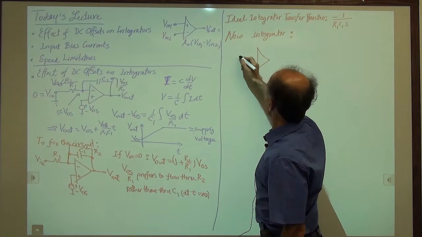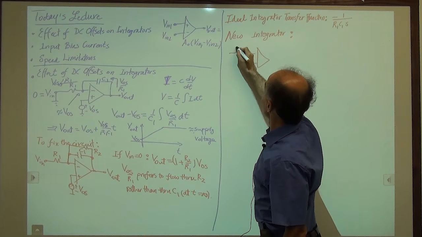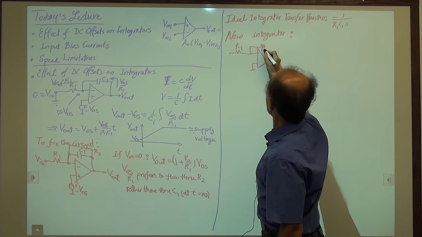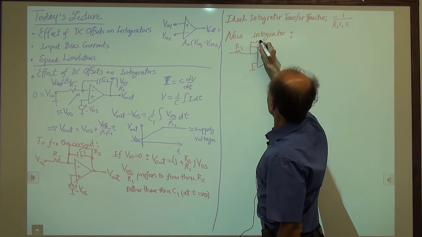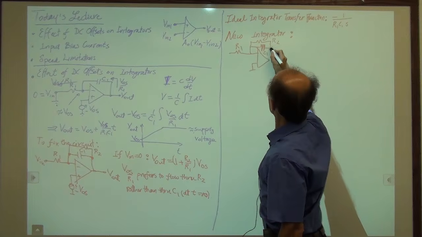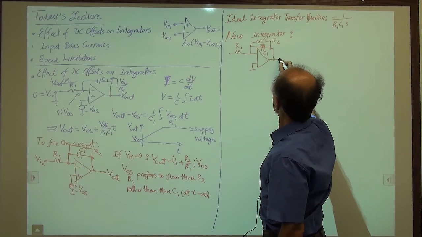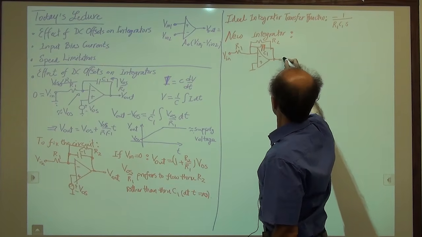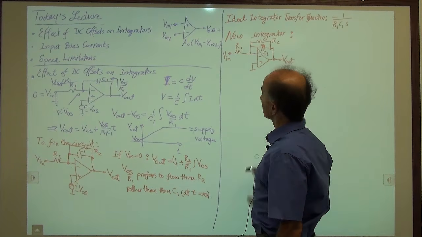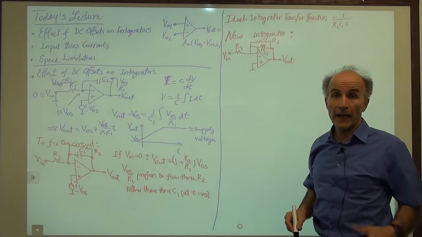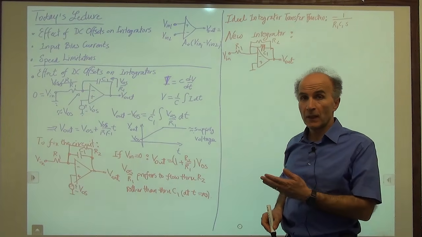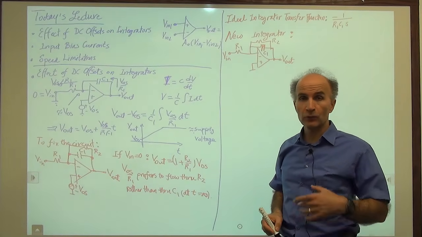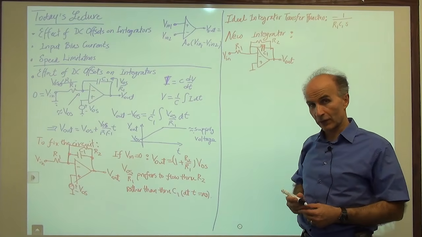We have an R1 connected to the input, and then we have a capacitor C1 and a resistor R2 going to the output, and we would like to find the transfer function of this circuit. Again, as usual, we try to see if this circuit resembles anything we have studied in the past, so that we don't have to write KVLs and KCLs from scratch.